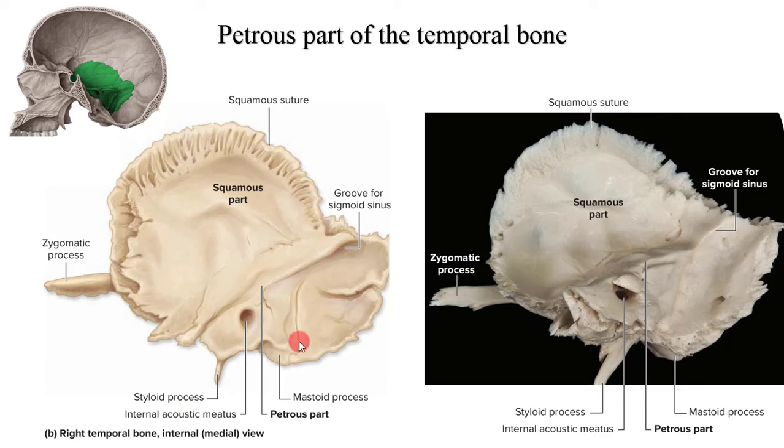It provides a passageway for nerves and blood vessels to and from the inner ear. A groove for the sigmoid sinus runs along the inferior surface of the petrous region. The sigmoid sinus is a venous sinus that drains blood from the brain.